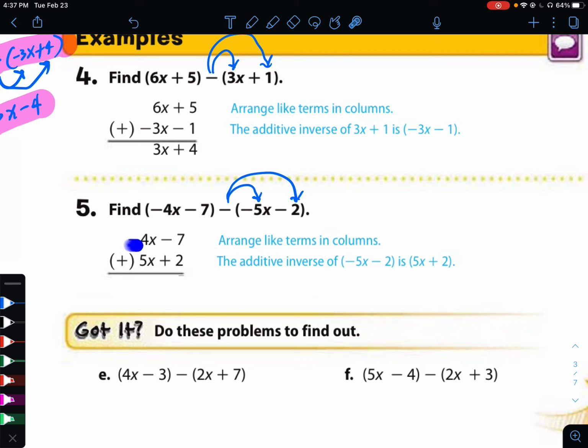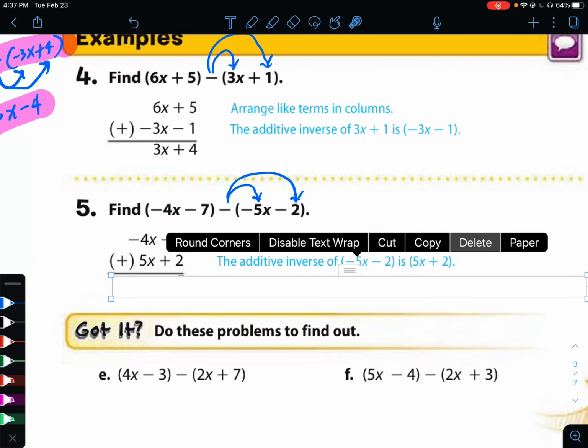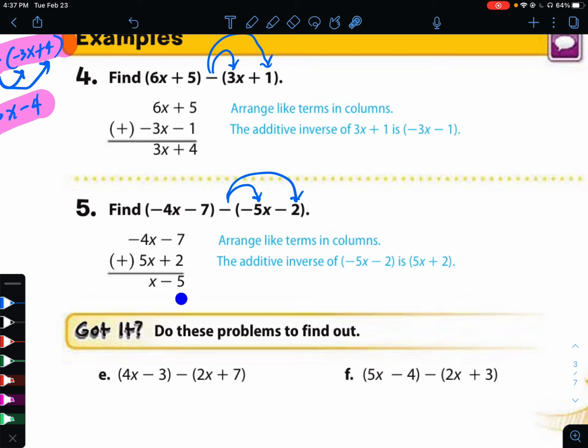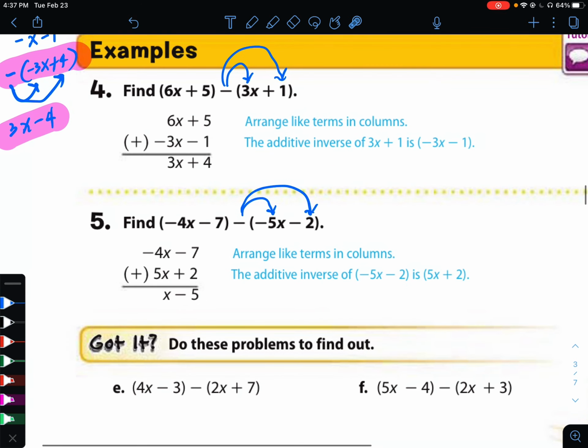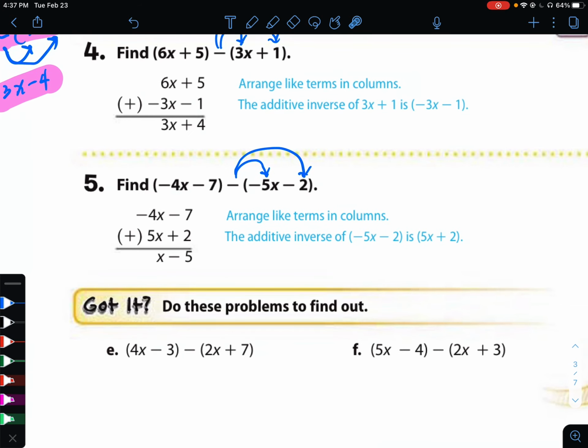Add those two: 4x minus 5x is negative x, and negative 7 plus 2 will give you negative 5. Okay, and that's what we got. So again, this one becomes very important. Rewind this video for examples 4 and 5. If you did not understand it, do the got it problems E and F.